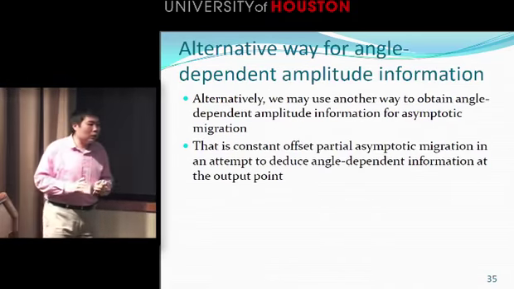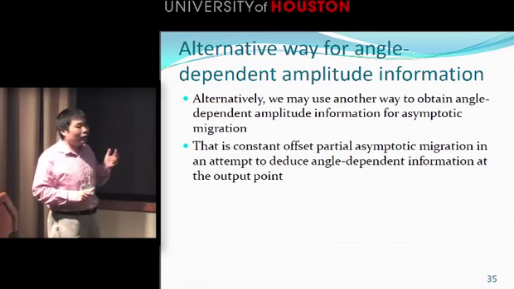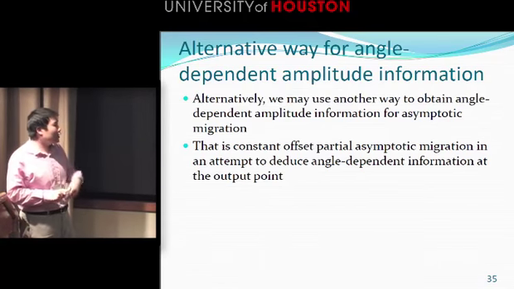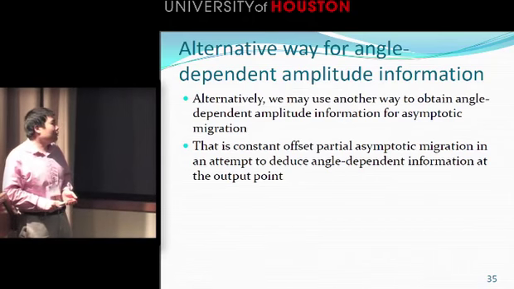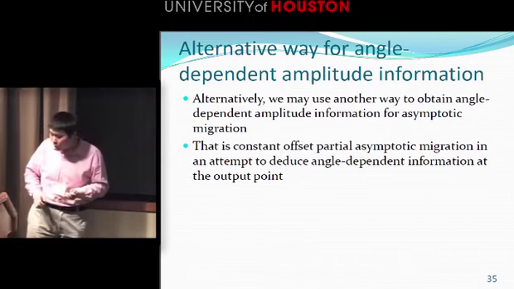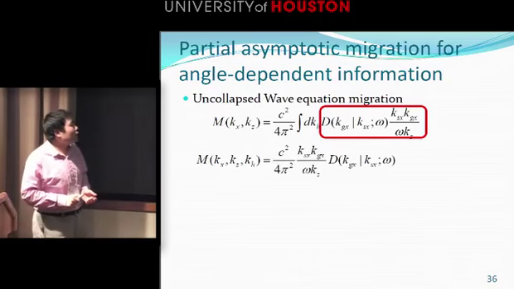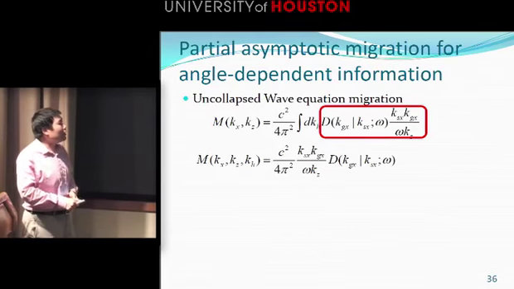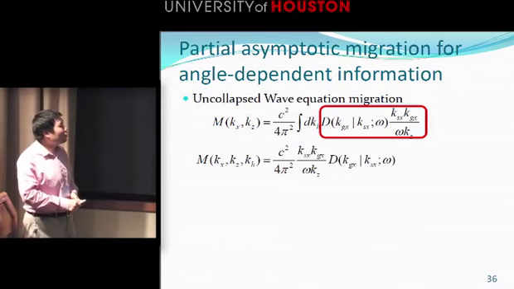As I said, we have two ways to get the angle-dependent information from the asymptotic migration scheme. The second way is constant offset partial asymptotic migration. What does that mean? We go back to the wave equation migration case, where we look at the integrand before we do the integral over kh.